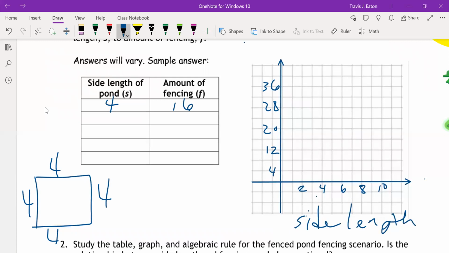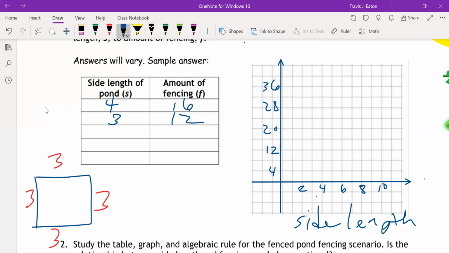Let's go a little bit smaller. How about 3 feet per side? Then this would no longer be 4 and 4 and 4 and 4. It would be 3 and 3 and 3 and 3. So 3 plus 3 plus 3 plus 3 would be 12.